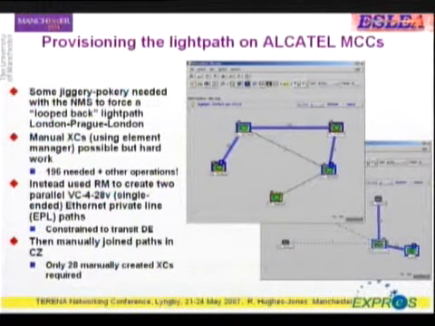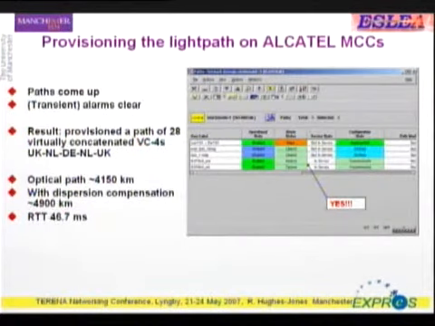used the manager to create 2 parallel paths to a virtual node here attached to that interface, attached to the Prague box. That it was more than happy to do, and then all you had to do was manually join the time segments at that point. There's only 28 to do, so he did that very quickly. In fact, we were absolutely delighted when the paths came up.